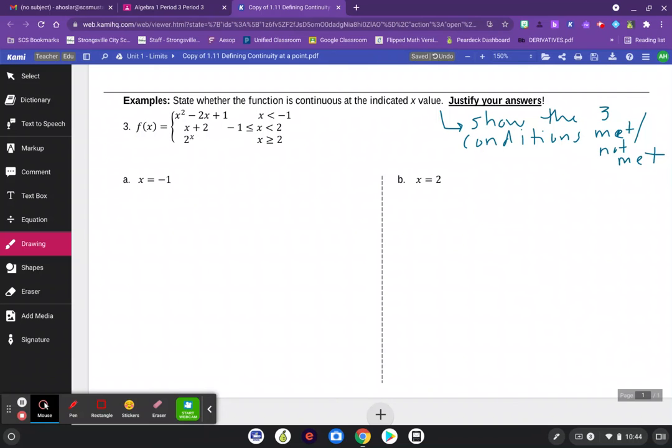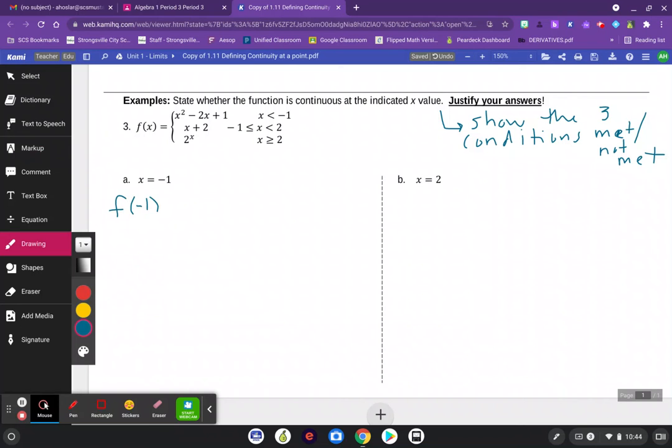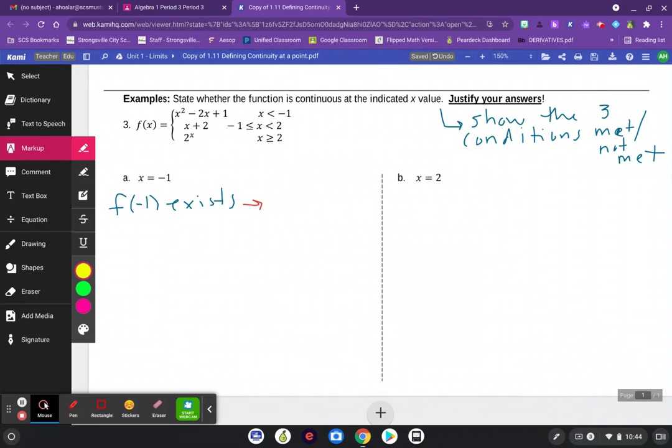All right, so for x equals -1, I first have to determine if f of -1 exists. And in order to do that, I'm just going to evaluate f of -1. So I need to look and see, okay, where would that be?